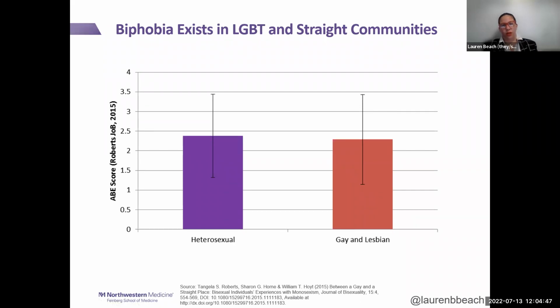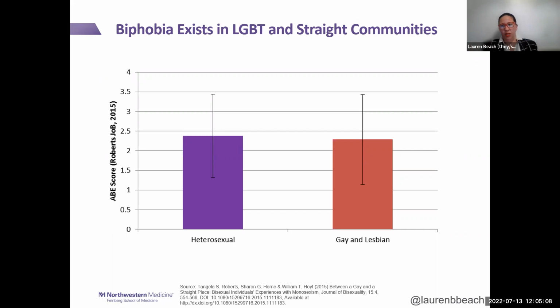And I also want to point out, I talked about this a little bit earlier, that of course bisexual people are subject to both biphobia and homophobia. And also bisexual people are exposed to biphobia not only in mainstream society, but also within LGBT communities.